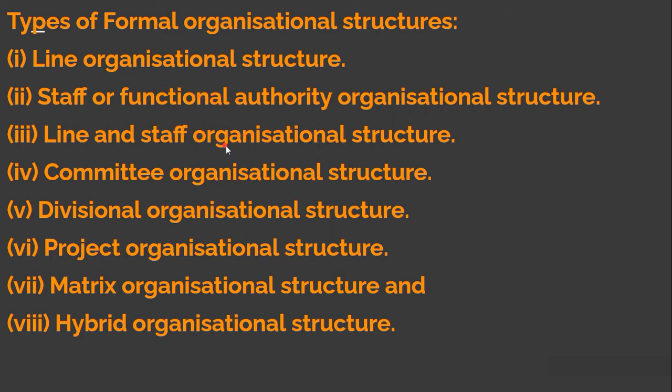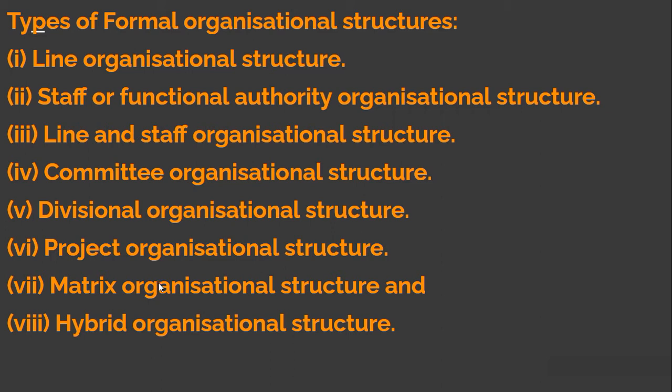Functional, line and staff. And if we talk about the new types of organization structure, the modern theory of organization, we have committee organization structure, divisional organizational structure, project organization, matrix organization, hybrid, and one more that I've included in this presentation, which is very recent, virtual organization structure. So I've covered almost all types of organization structure, whether or not they are available in your book.